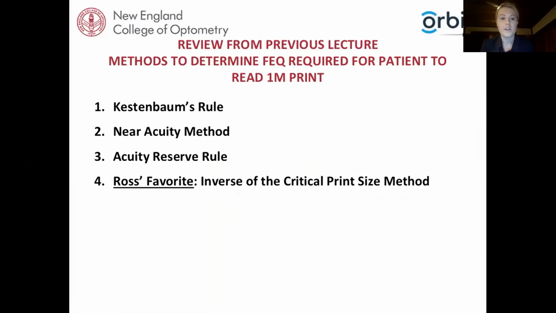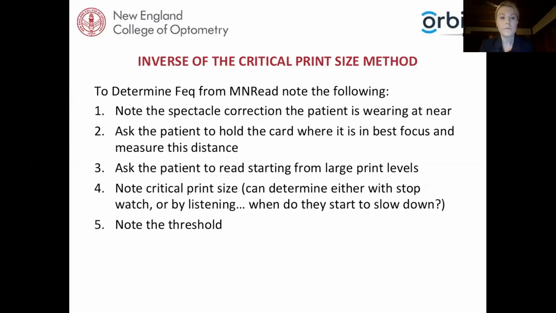So as I mentioned, we have the following rules that we can use to come up with the equivalent power required for a patient to read 1M print, which is equivalent to about 20/50 or 8 point. My favorite method is the last method on this list, which is the inverse of the critical print size.